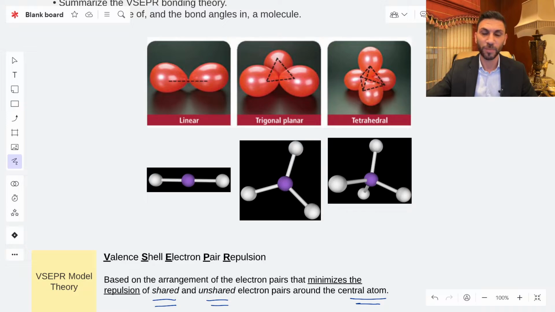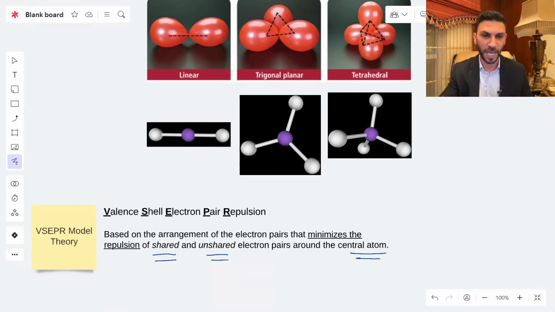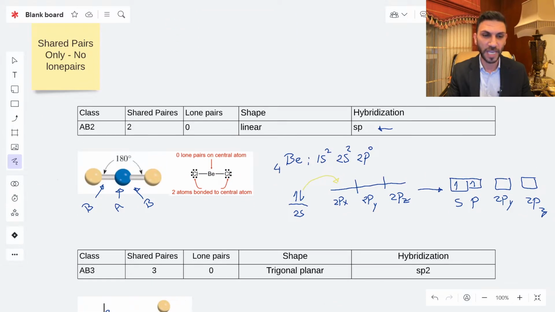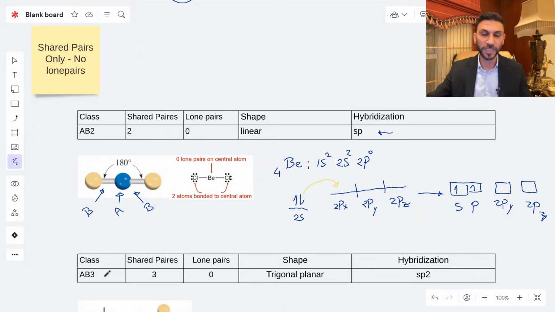It's going to take the shape of trigonal planar. Now, let's summarize these two shapes, the AB2 and the AB3. And of course, AB3, we have 3 total pairs, and the hybrid orbital should be SPP, so it's going to be sp2. So whenever we have 2 bonds like this, it's going to be sp. When we have 3 bonds, total bonds or total pairs, it's going to be sp2.